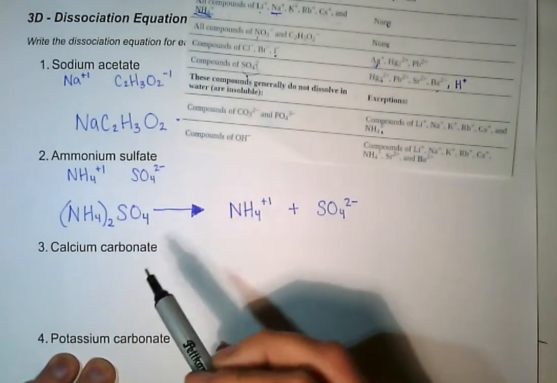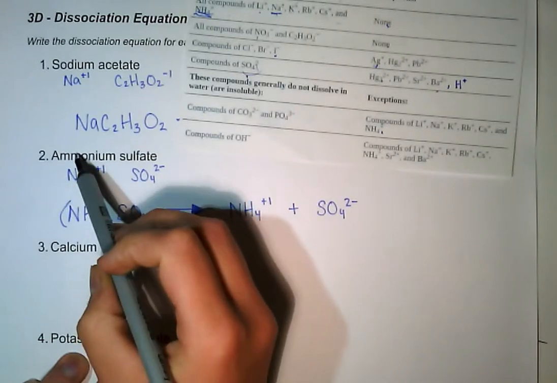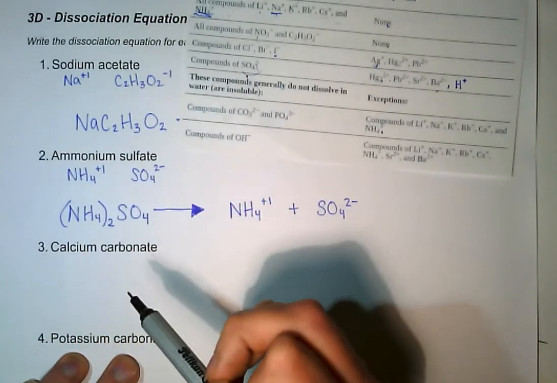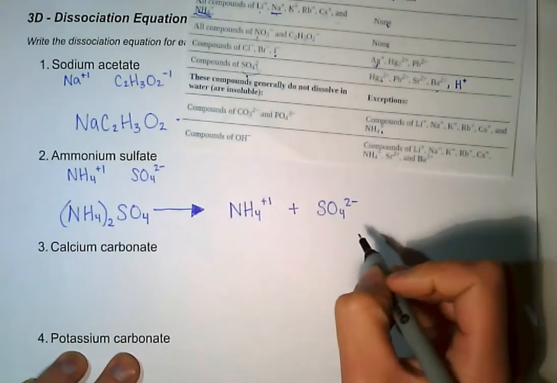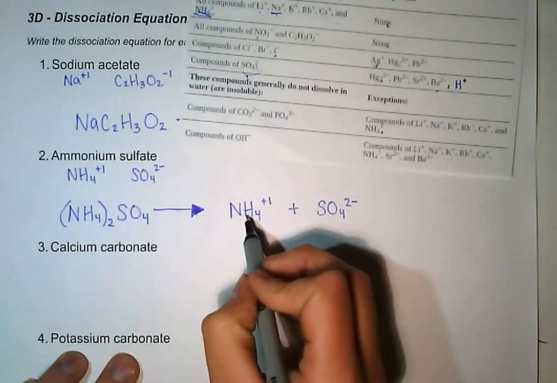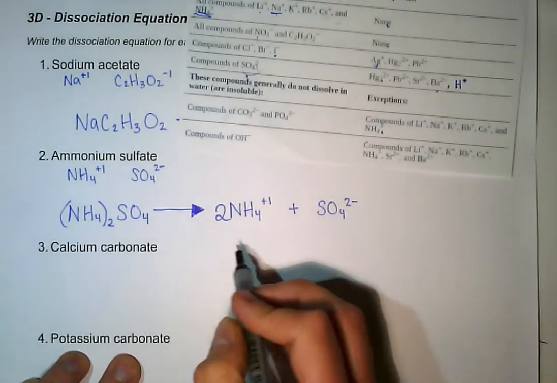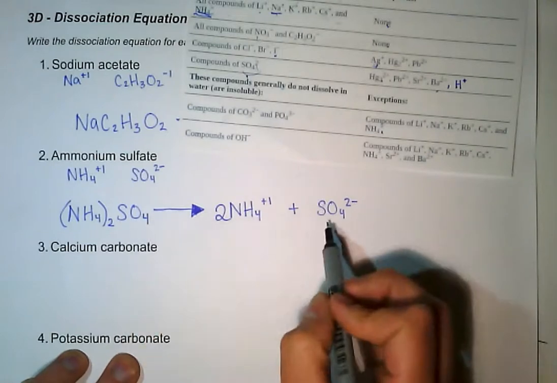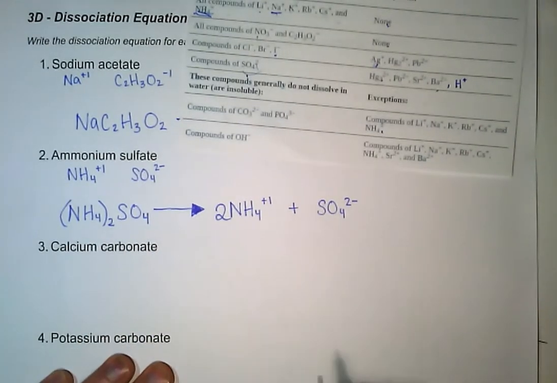But we need to balance this equation because we have 2 ammonium ions for every 1 sulfate ion. We need to show that on the product side by changing our coefficients. In front of NH4, I'm going to put a 2 to balance NH4 out. And then sulfate is already balanced with 1 SO4 on each side.